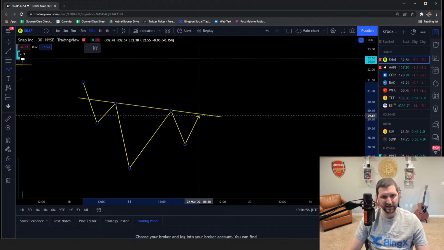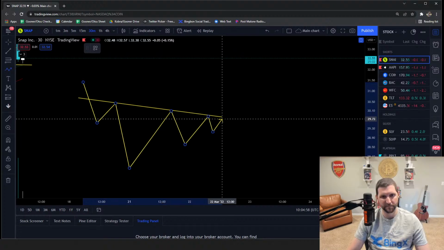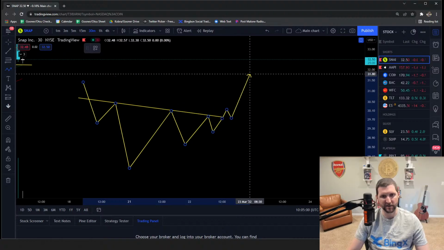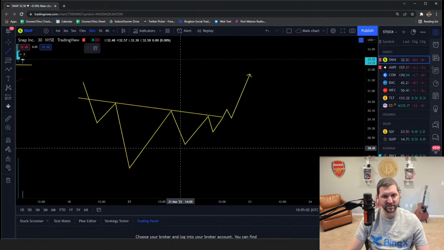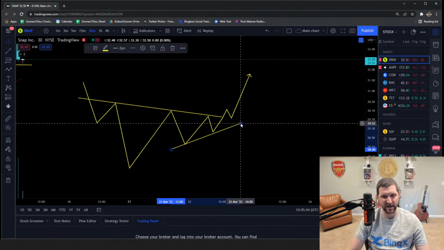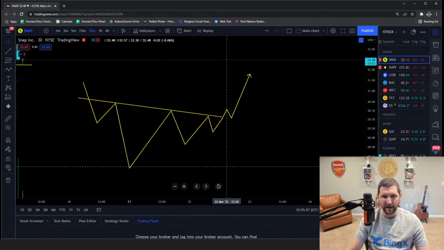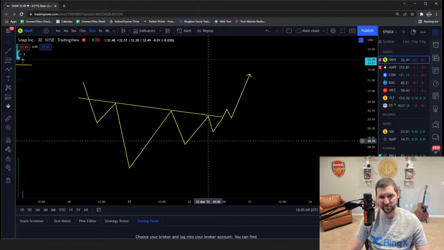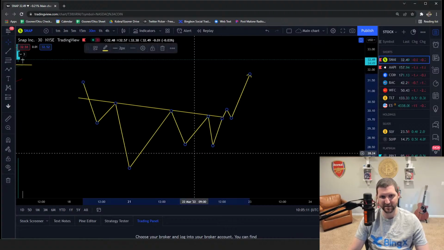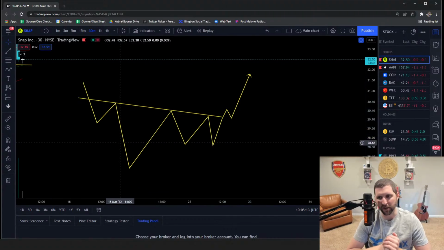But you get something like this, and then it breaks out and then goes. What happens is this just ends up being like an ascending channel or a bullish channel. I don't ever trade them, but you get a little extra, like two right shoulders basically. So those are called complex head and shoulder patterns or complex inverse head and shoulder patterns.